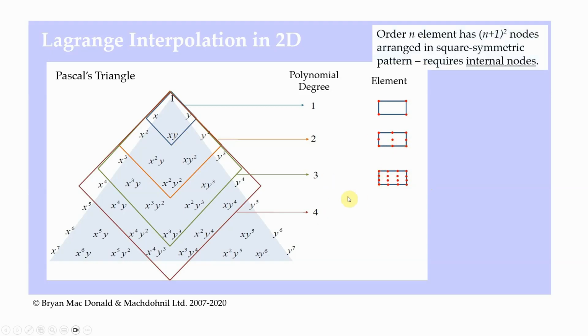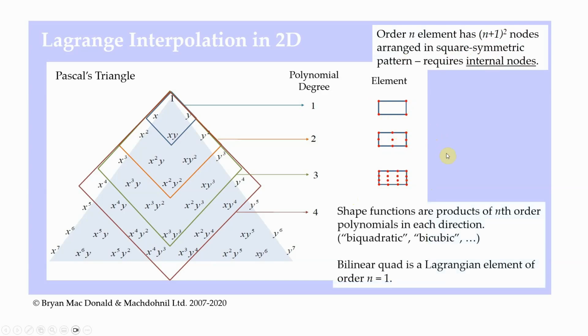An order n element is going to have n plus 1 squared nodes arranged in a square symmetric pattern, which in general requires internal nodes. The first one, the polynomial of degree 1, doesn't have any, but all the others will have internal nodes. Shape functions are products of the nth order polynomial in each direction, so they're going to be bilinear, which is the first one, biquadratic or bicubic.